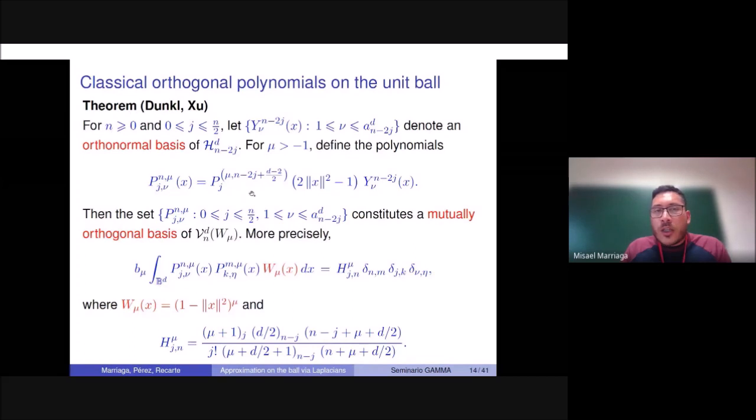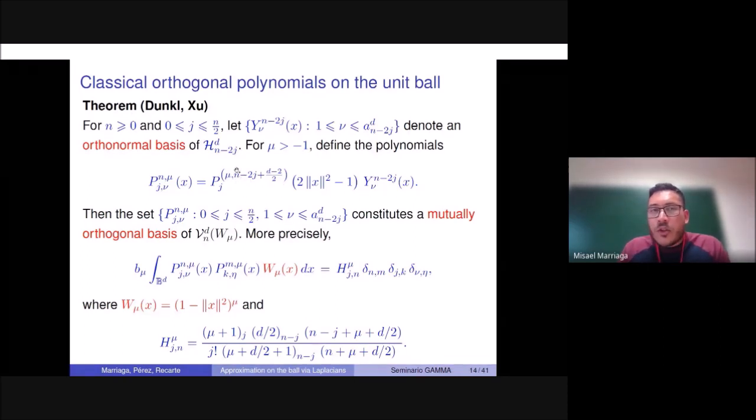Okay, and this basis is composed of polynomials that are constructed in this form, where the first part is a Jacobi polynomial, where you can see that the first parameter is fixed, a parameter that is strictly greater than -1, and the second parameter is not fixed.